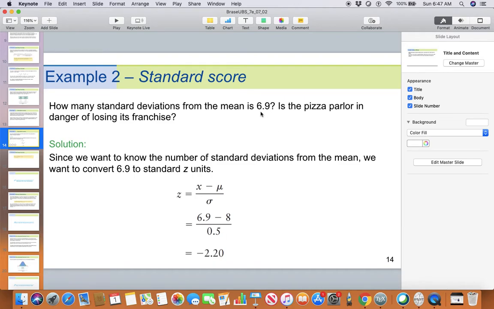We are told the mean is 8 and the standard deviation is 0.5. Our inspector found the amount of cheese to be 6.9 ounces. So x minus mu over sigma is negative 2.20.